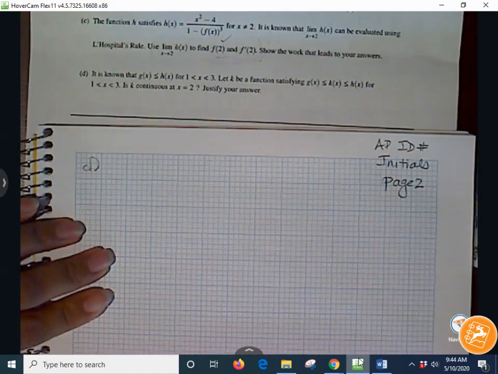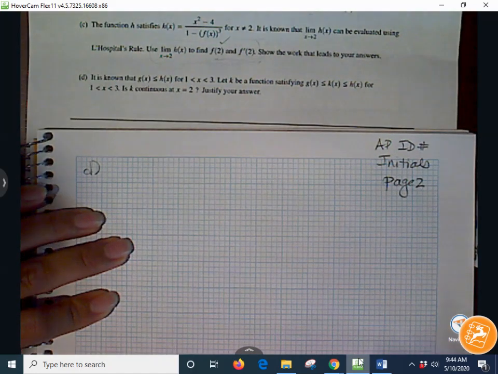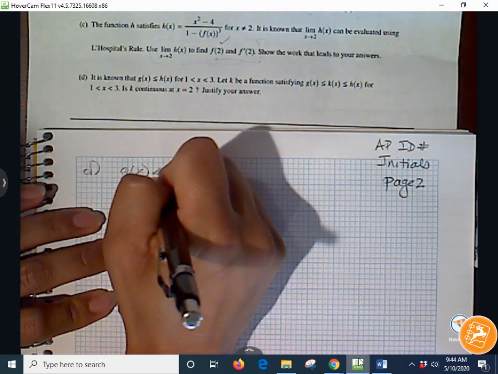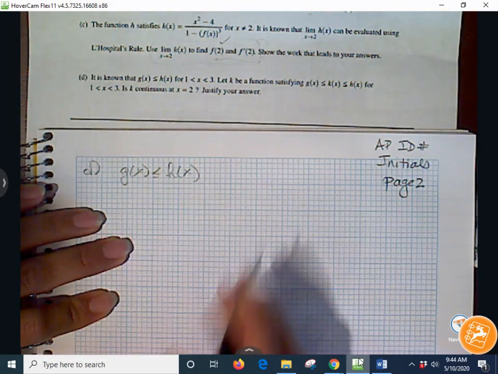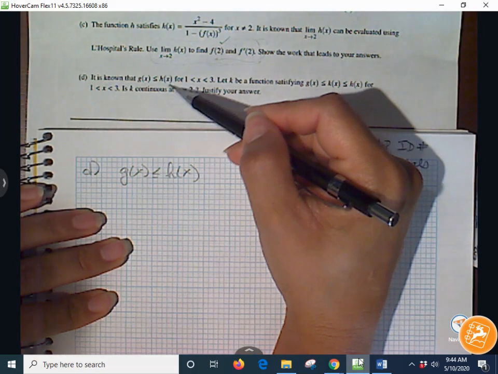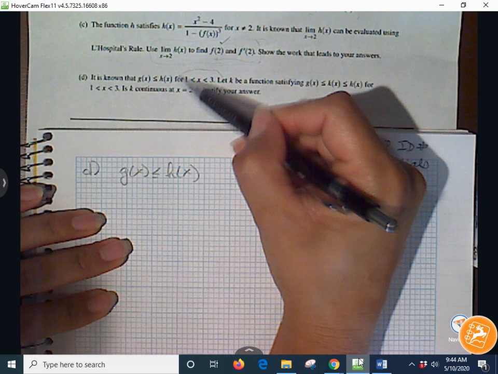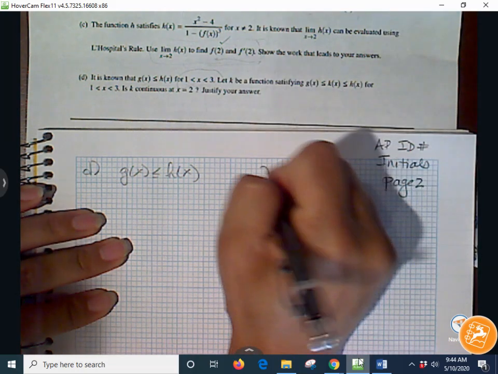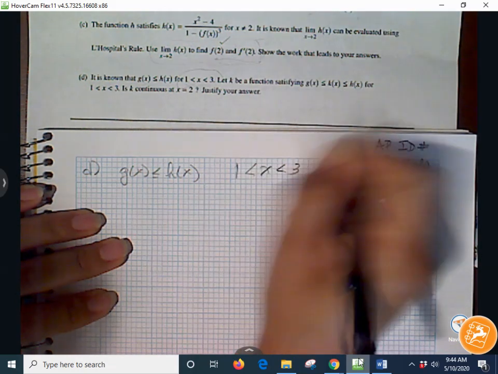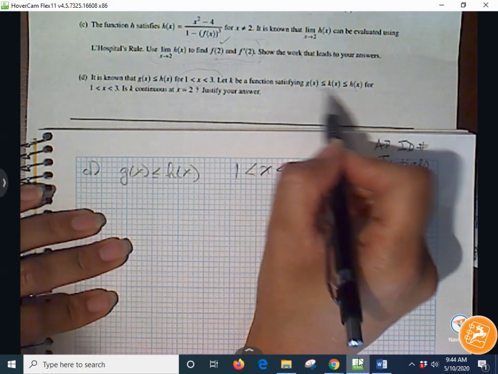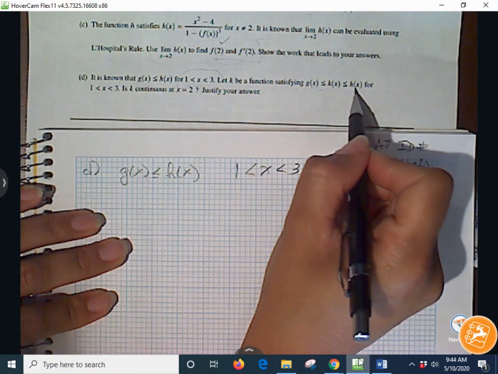Okay, it says it is known that g of x, I like to write things out because it's easier for me to remember, g of x is less than or equal to h of x for this interval. So let k be a function satisfying this. Okay, so g of x is less than or equal to h of x.